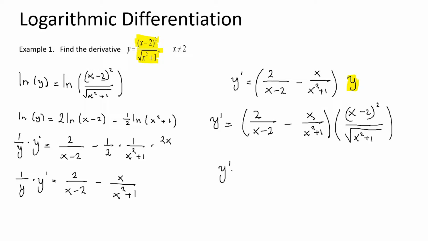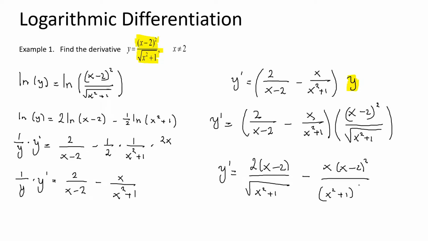So y prime will equal 2 times (x minus 2) over the radical of x squared plus 1, minus x times (x minus 2) squared over (x squared plus 1) to the 3 over 2 power. And here is your derivative.